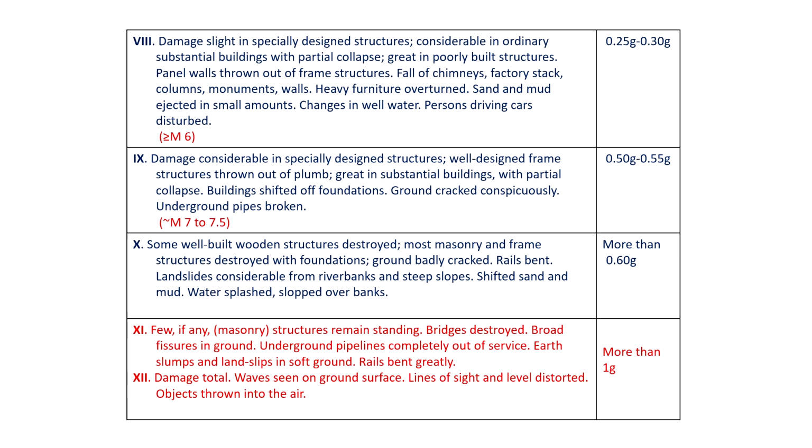Further, if you have an intensity of 8, which could be comparable with a magnitude greater than or equal to 6, then again you have 0.25 to 0.3 g.